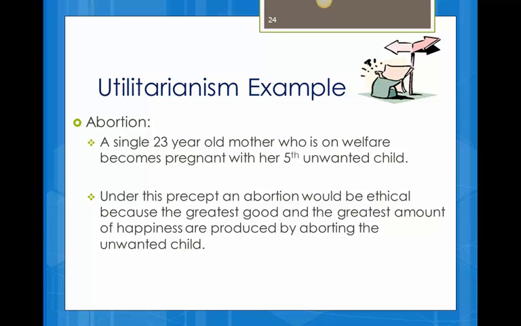So if we looked at this, we know that this is a single woman. She's on welfare. She doesn't want the child. The 5th child would be obviously a financial burden for her, and maybe a social burden to society.